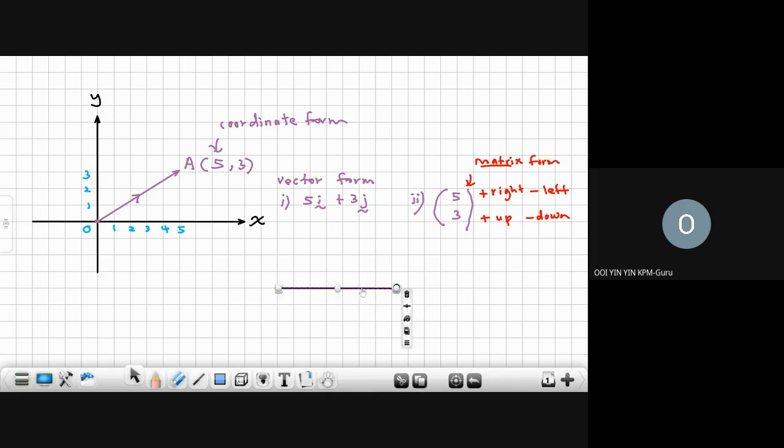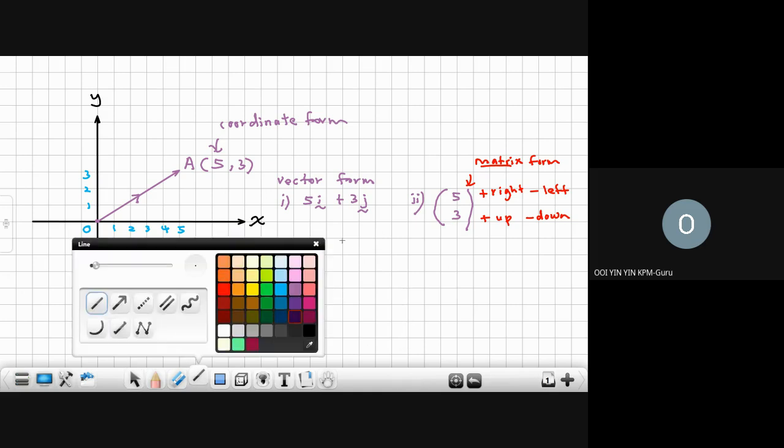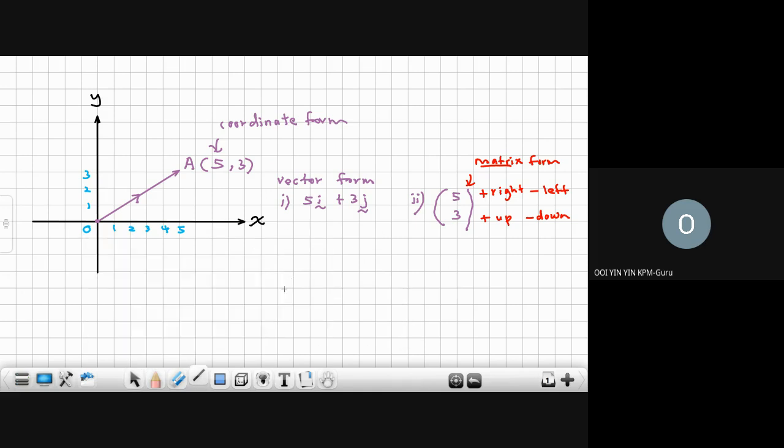Okay, redraw. Let's say this is your vector, starting from here up to here.